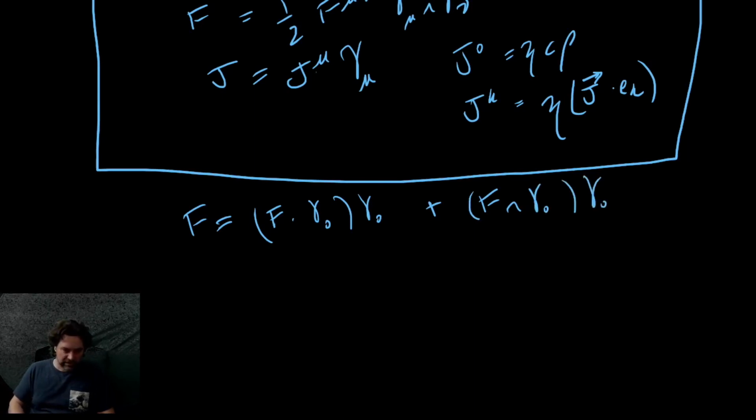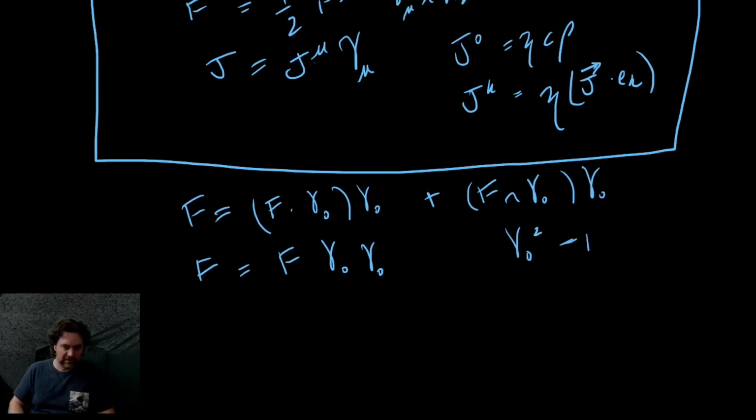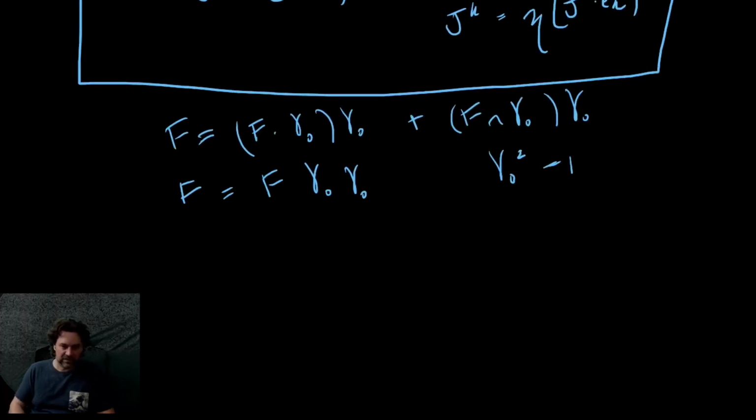So let's say F equals F times gamma naught, gamma naught, because gamma naught squared equals 1. We do that. Now we can expand out F dotted with gamma naught times gamma naught.